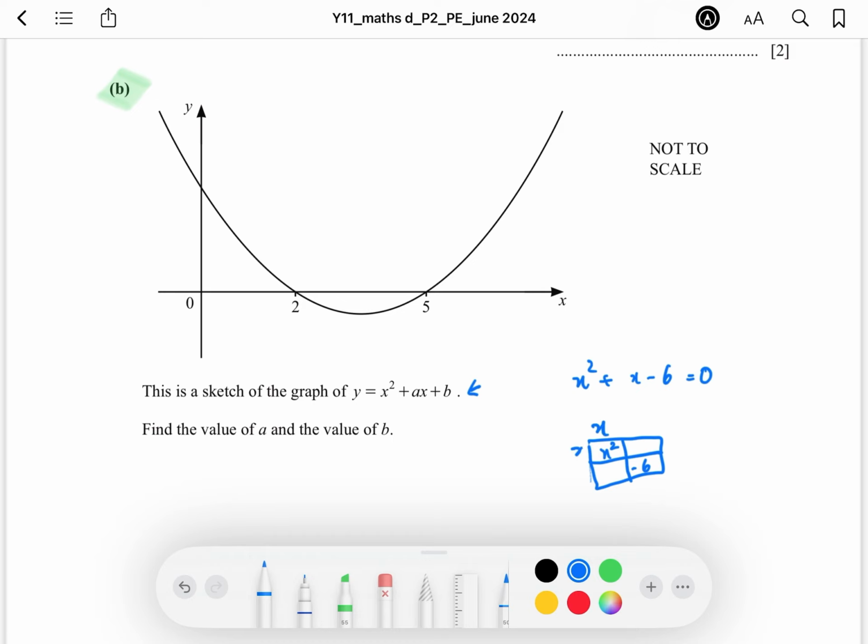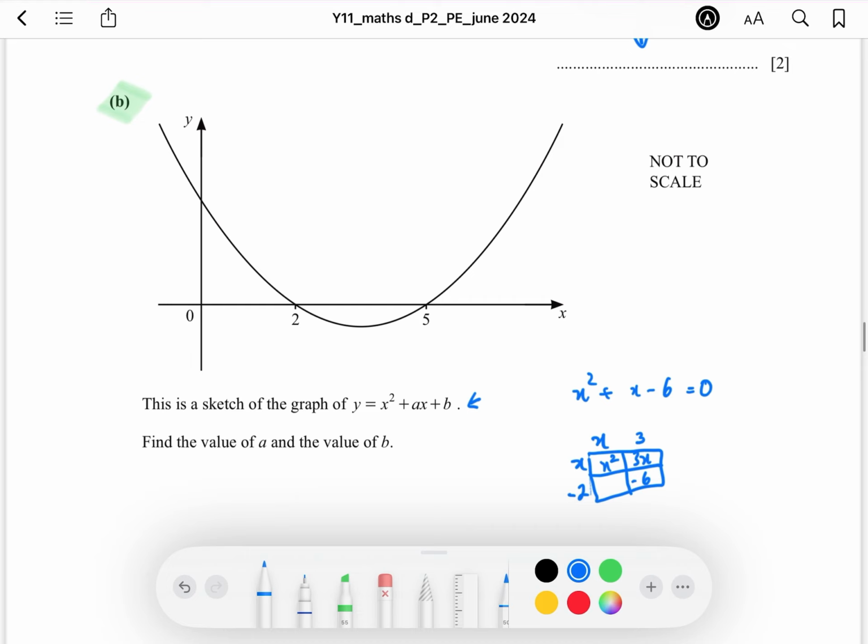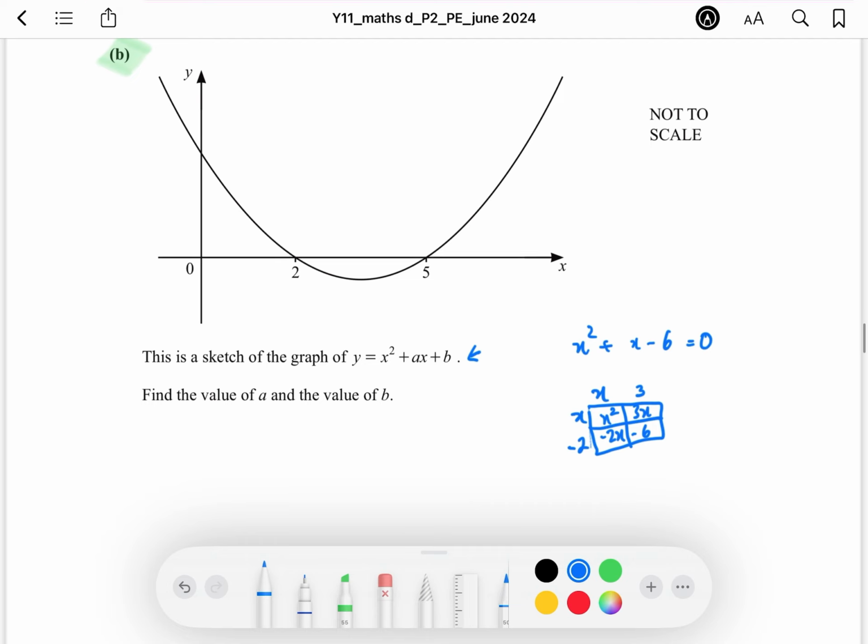So x times x equals x squared, and you have minus here. That means one of the values is negative to get minus 6. So 3 times minus 2 is minus 6. Fill the remaining box. Then 3x minus 2x is equal to 1x. So that means the factors for this would be x plus 3, x minus 2 equals 0.